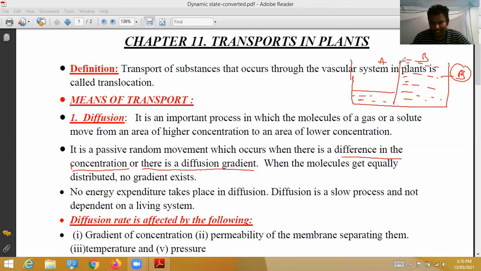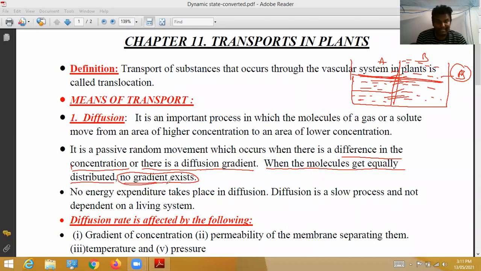So they will be distributed, and automatically both the concentrations become equal. Until both concentrations become equal, diffusion takes place, throughout the chamber or system or transport tubes. In our body also diffusion takes place. So no gradient exists.